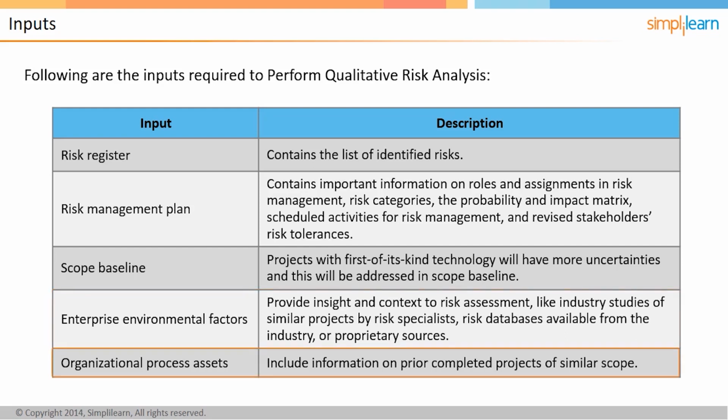Finally, organizational process assets that can influence the qualitative risk analysis process include information on prior completed projects of similar scope. Essentially, this is historical data. In the next screen, we will discuss the tools and techniques used for qualitative risk analysis.